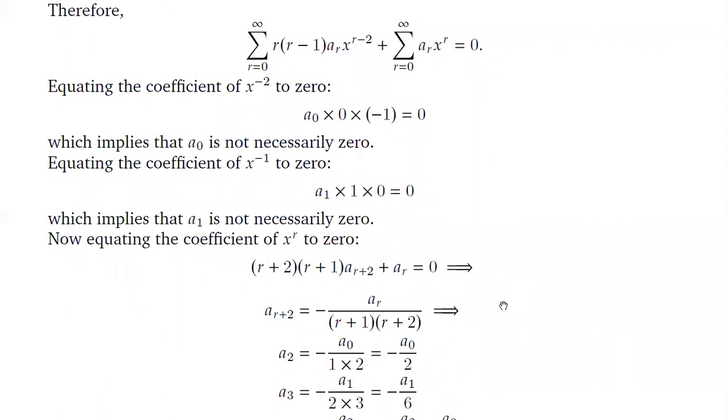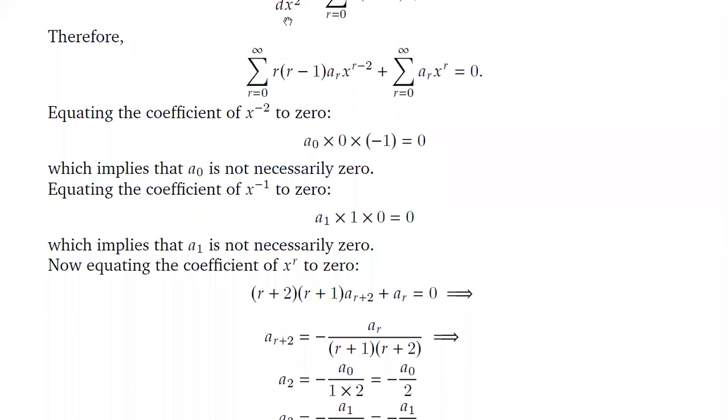Now we have to find the remaining terms, that is a2, a3, a4, etc. To find them, we try to equate the coefficient of x power r to 0. In the second term, the coefficient of x power r is nothing but ar. How do you get the coefficient of x power r from the first term?